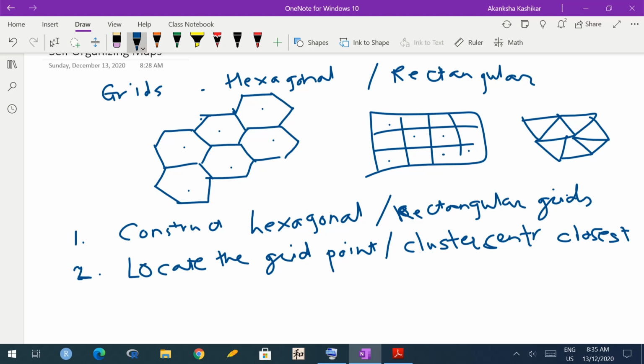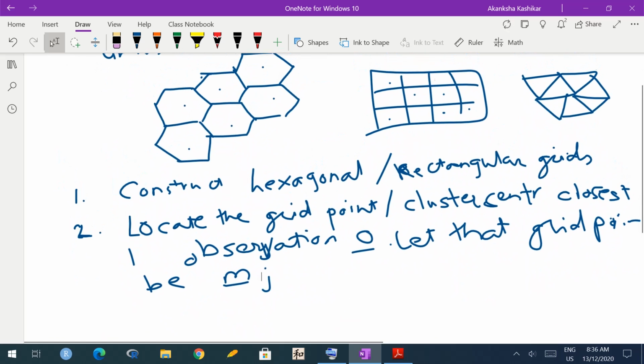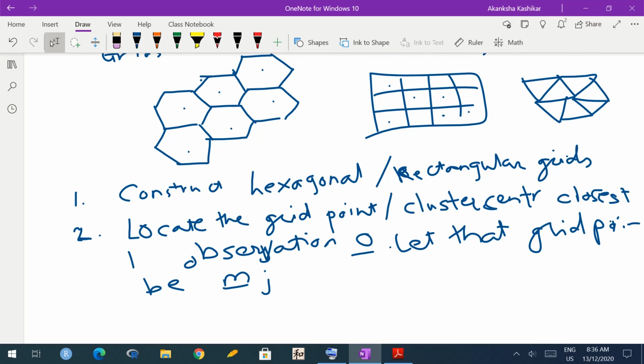Okay, closest to observation O, a particular observation. Let that grid point or cluster center be MJ. So we are in jth cluster, it means it is denoted by MJ. So originally this MJ is p dimensional, right? So it's actually a p dimensional point. By locating here, we are trying to get its two-dimensional representation. Okay.